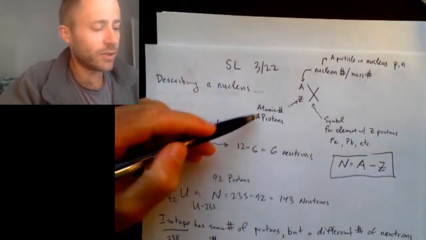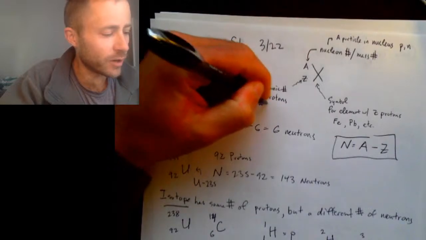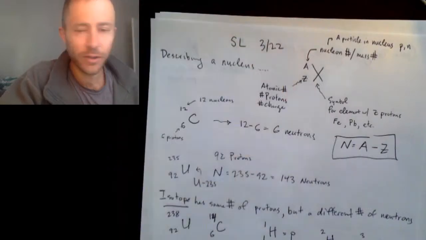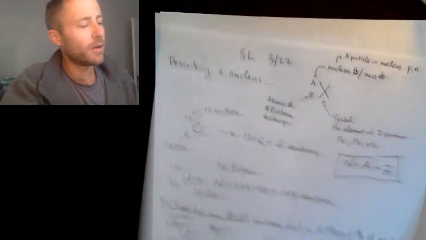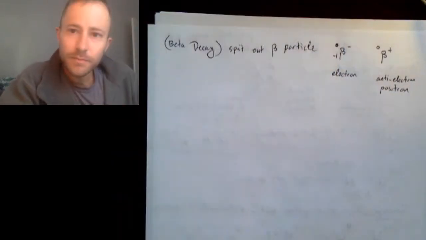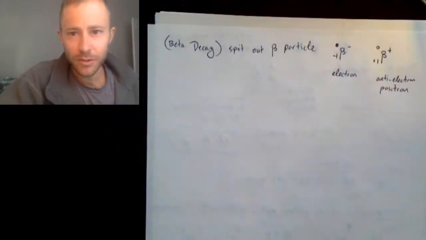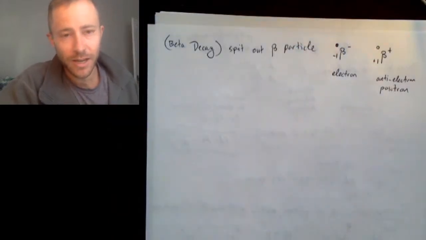So Z is the atomic number, or the number of protons, or we can think about it as just the charge of the nucleus, charge number. Okay? Now an electron has a charge of -1. A positron has a charge of +1. Okay? So you can almost think about the electron as having an atomic number of -1.